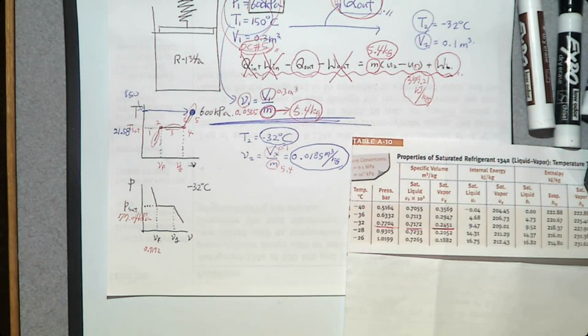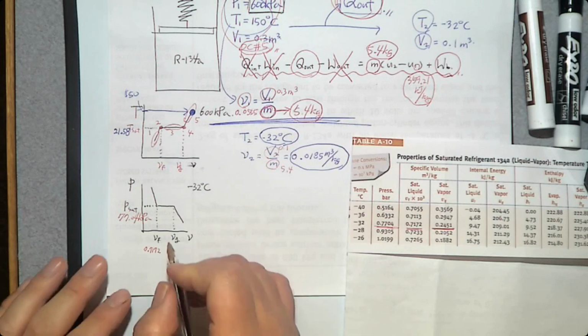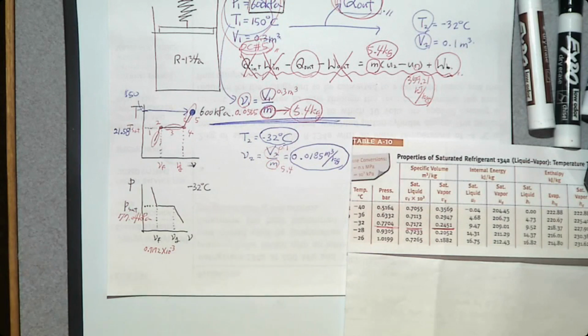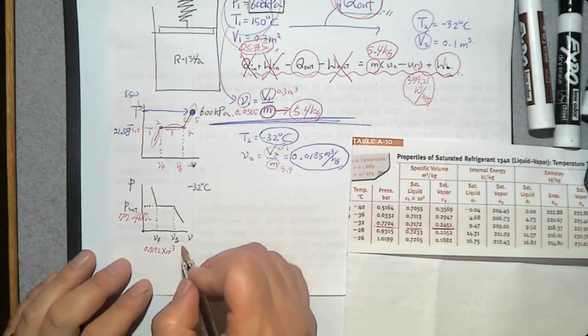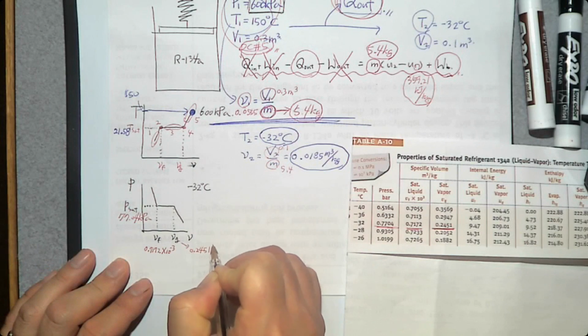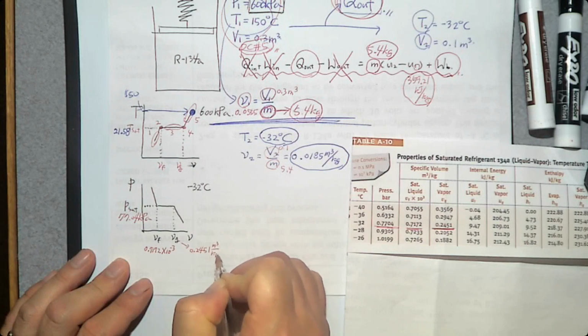Because VF is usually very small, the table multiplied it by 1,000. So if you want to determine VF, you need to divide by 1,000, which is times 10 to minus 3. That is VF. What about VG? 0.2451 cubic meters per kilogram.